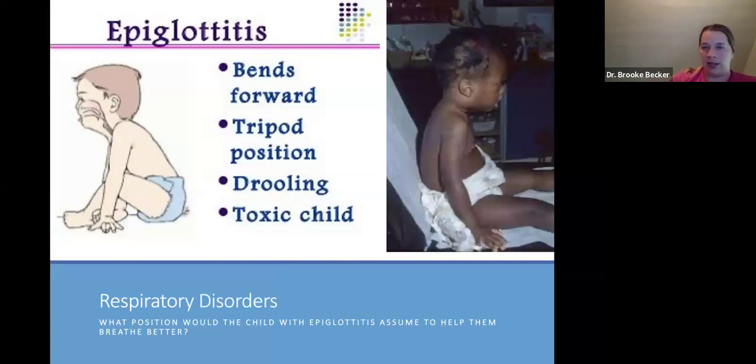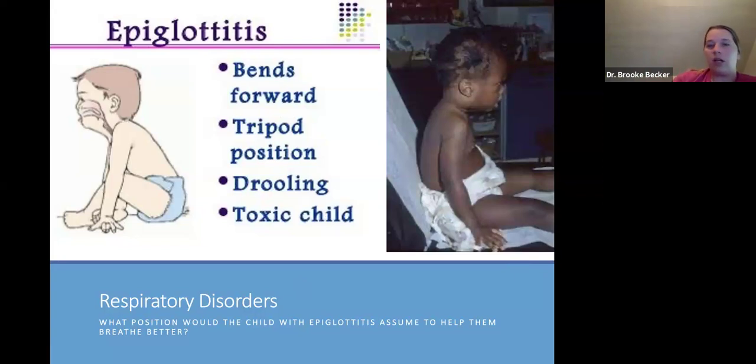Epiglottitis, remember this is a toxic emergent scenario, okay? These kids will start tripoding. You can see that this is what these kids are doing in this picture, trying to lean forward. You see excessive drooling.